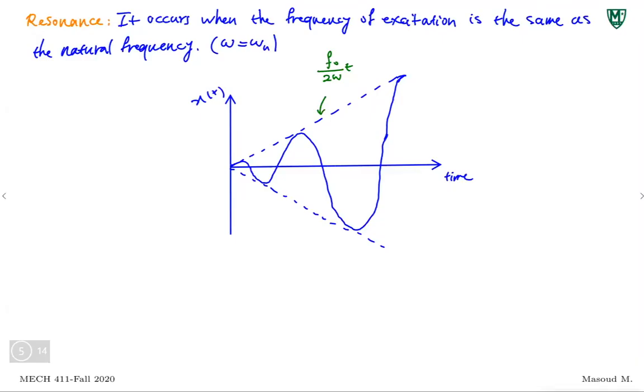When we design something as engineers, we really always have to take that into account. Omega n is the property of the system, depending on how heavy that part is and how much the stiffness is. So it has some natural frequency, omega n. Omega is the frequency of the force. Depending on where you are going to use that part in your system, is there going to be a force whose frequency is close or equal to the natural frequency of this part?